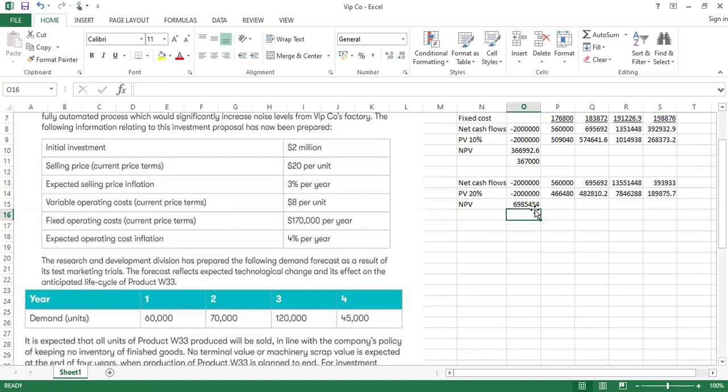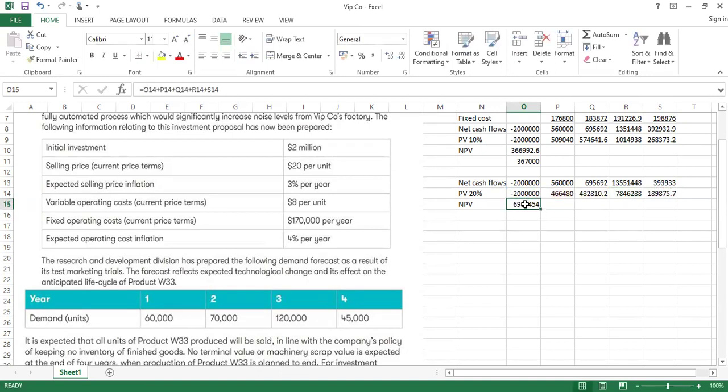So we will once again calculate NPV. After this is equal to this, plus this one, then plus this one, then plus this one, then plus this one.